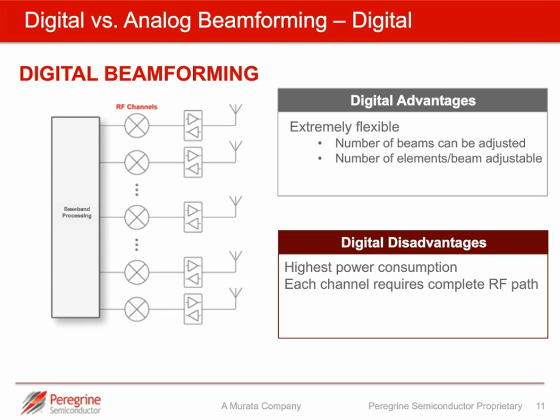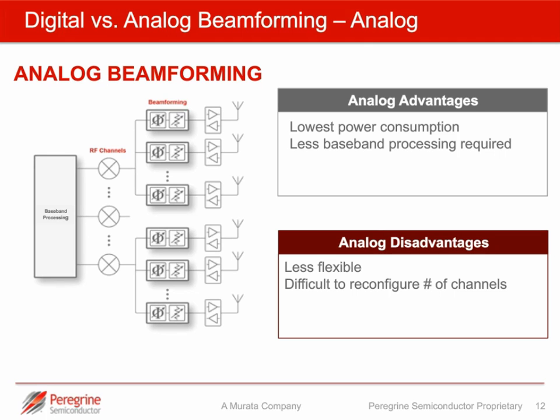If we go to the other extreme, which is full analog beamforming, in this diagram we can see full analog beamforming. In this case, for each channel, the beamforming is provided in an analog fashion, so we have a phase shifter and some form of gain control driving each antenna element.